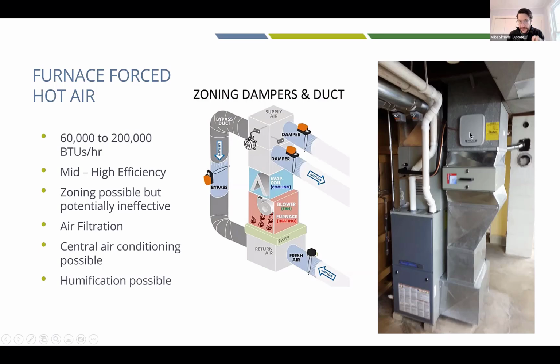dampers are connected to the zone control, and it allows for this one furnace to have two thermostats on it. So let's say we could have first floor with its own zone, second floor with its own zone. So these dampers can open or close independently to let the hot air or the cold air just get to the spaces that are actually needing it.